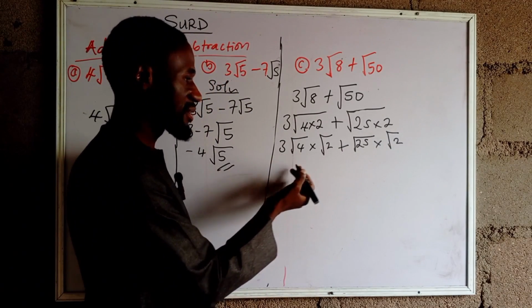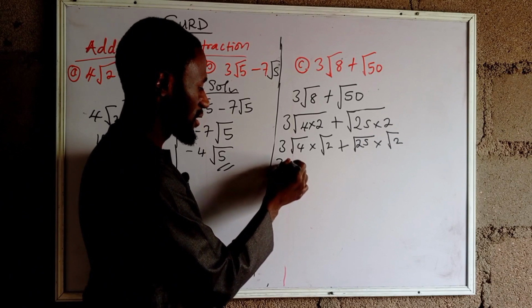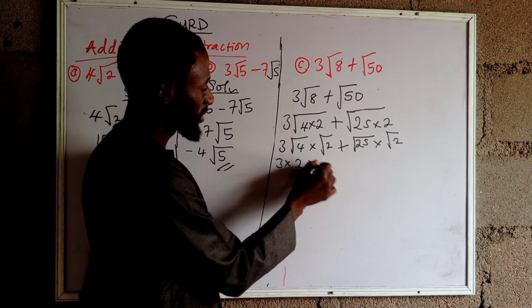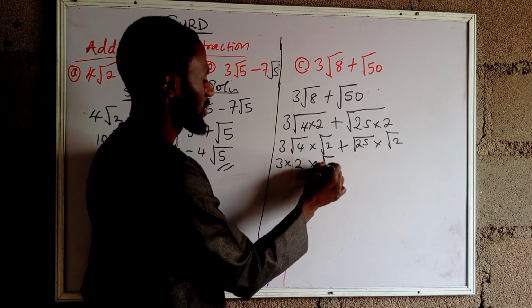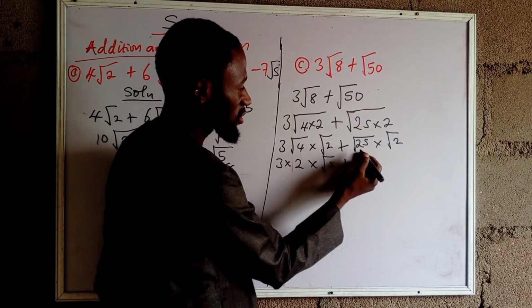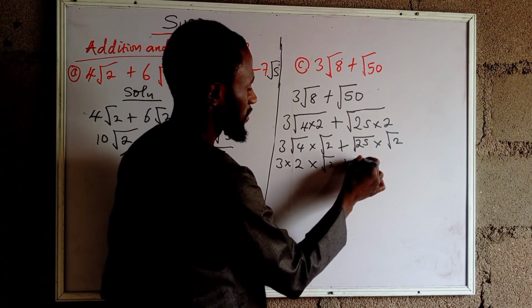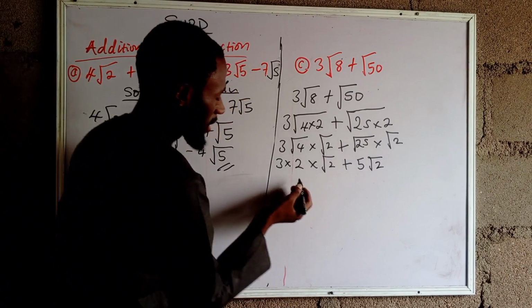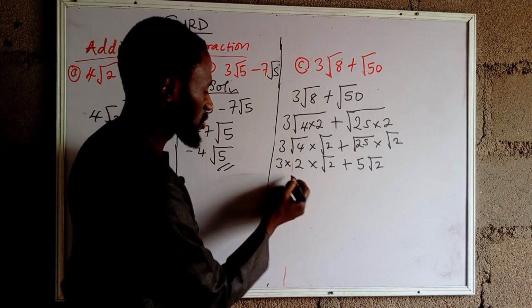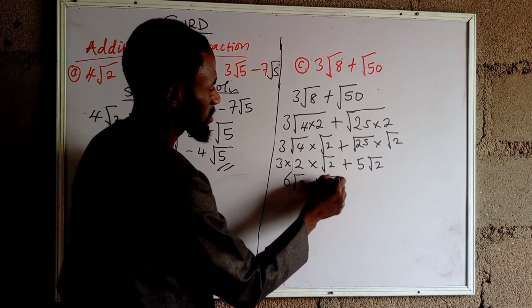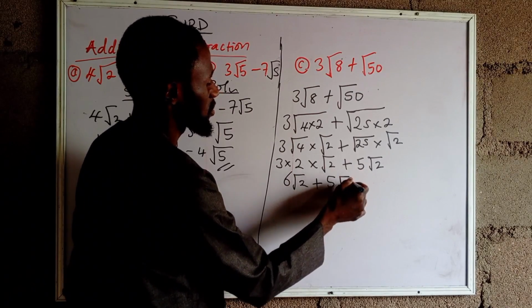Now we can simplify 3 multiplied by the square root of 4, which is 2, multiplied by root 2. Plus, now the square root of 25 here is 5. We have 5 root 2. Keep simplifying: 3 times 2 here, we have 6 root 2 plus 5 root 2.